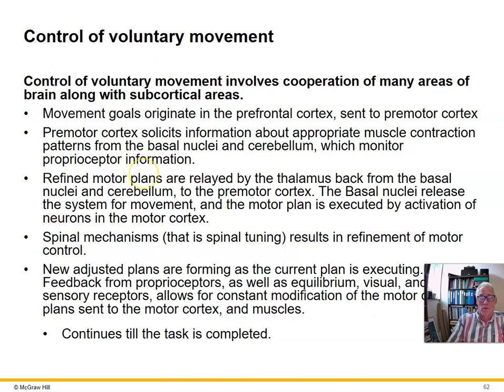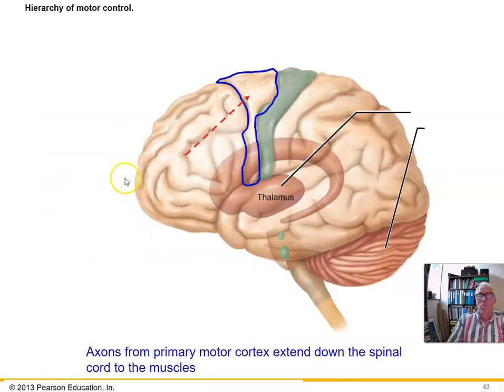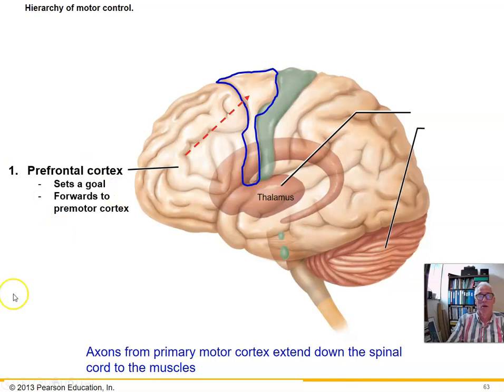Now let's take a brief look at motor control. That slide just says in words again what I'm about to show you in this diagram. I attempted to make a little schematic diagram of a very simplified series of events that occur when we want to move the musculoskeletal system.